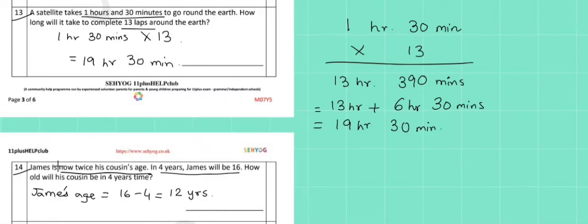Now James is now twice his cousin's age, which means his cousin's age is half of James' age, that is 6 years, which means that his cousin after 4 years will be 6 plus 4 years old, that is 10 years old. So our answer is 10 years.